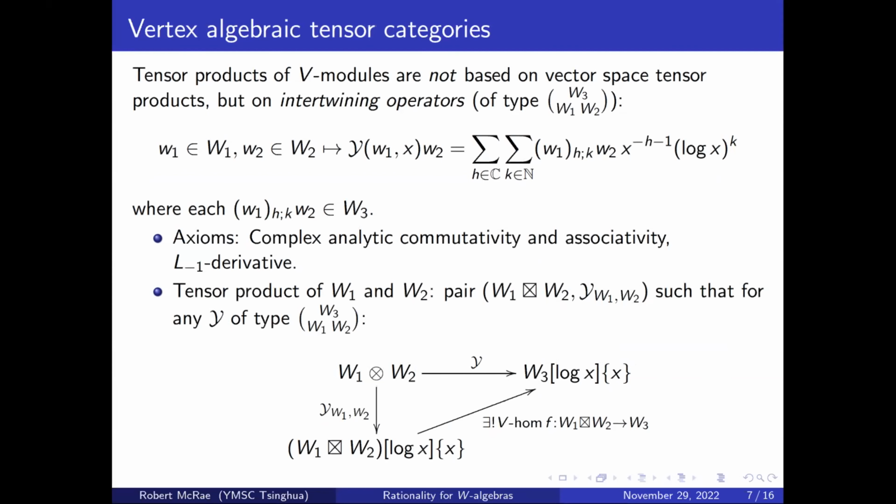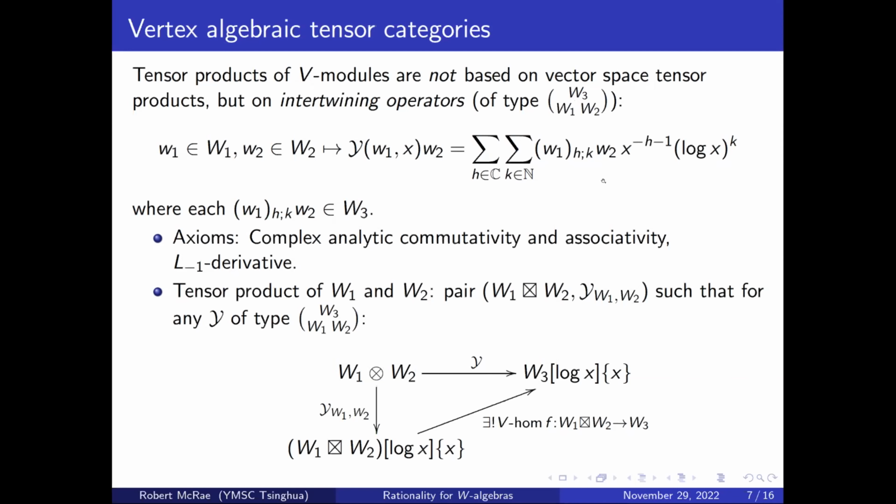But instead, it's based on intertwining operators, which are essentially a VOA version of the notion of bilinear map between vector spaces. So it's some kind of bilinear map which takes vectors in one module, vectors in another module, and gives out a formal series with coefficients coming from a third module.